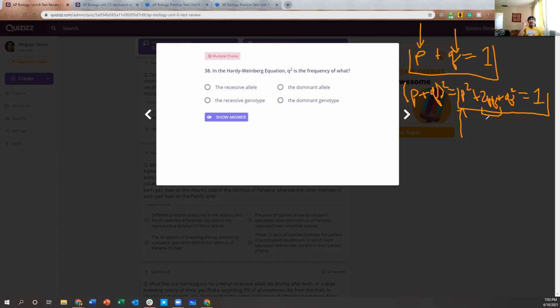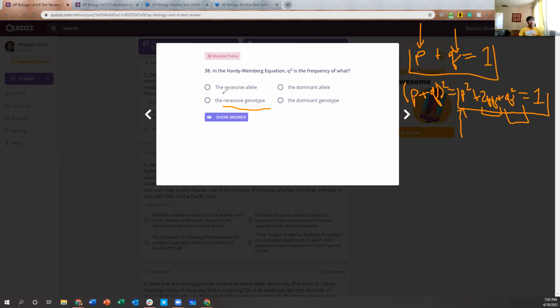You could have dominant and then recessive, or you could pick the recessive first and then the dominant. That doesn't matter. Ultimately, that'll still produce a heterozygote because you have one dominant, one recessive. And then finally, Q squared is like saying pick a recessive twice, right? So picking a recessive twice is homozygous recessive. Q squared is the homozygous recessive frequency.